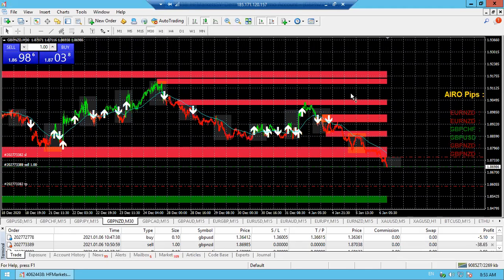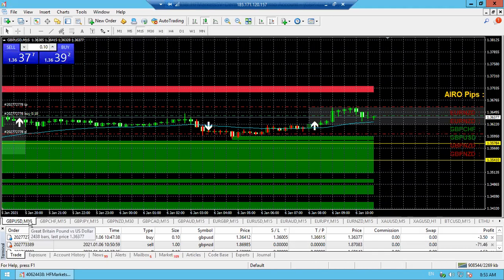So we have just got two trades: GBP sell, EURNZD sell, and a trade on GBPUSD, a buy.